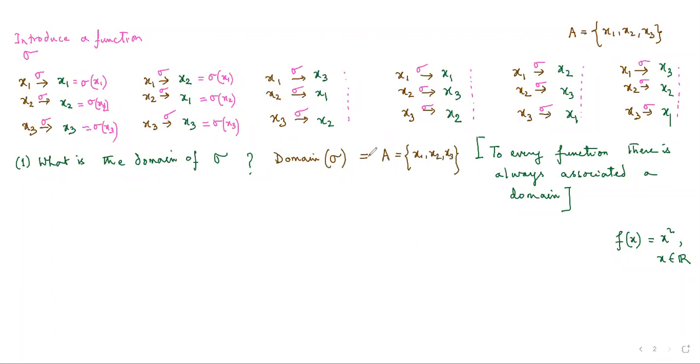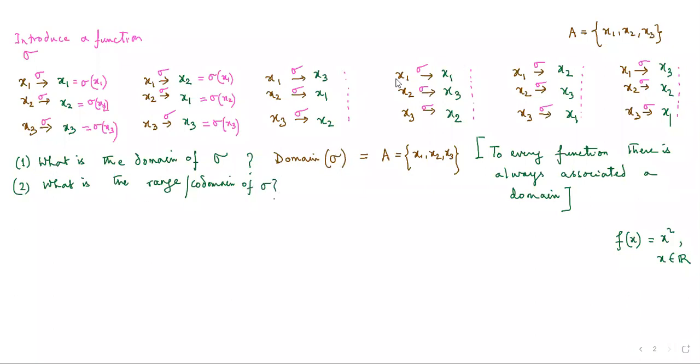Okay, and the second question that comes to our mind is: what is the range of this function sigma? What is the range or codomain, whatever you call it, of sigma?